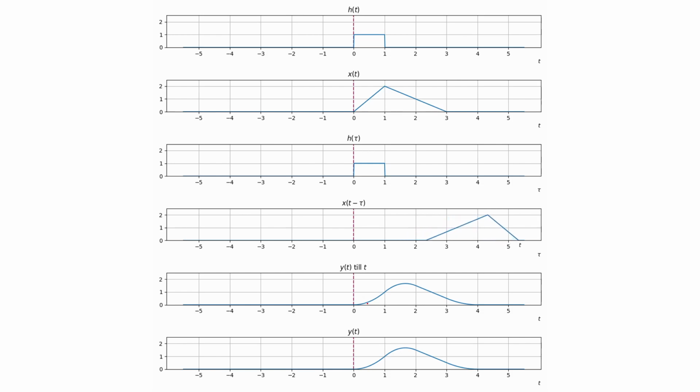Okay. So what we wanted to see in this animation was how the output of a linear time invariant system is computed through convolution. So now you saw why x(t) has to be reflected, because what happens first must happen first along the time axis.